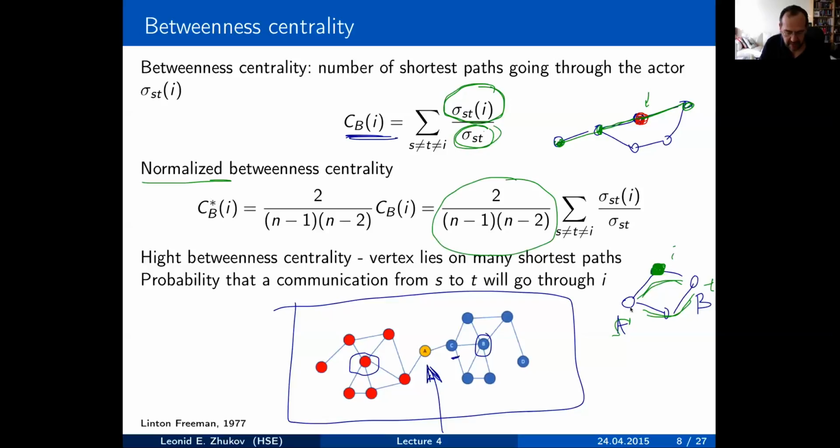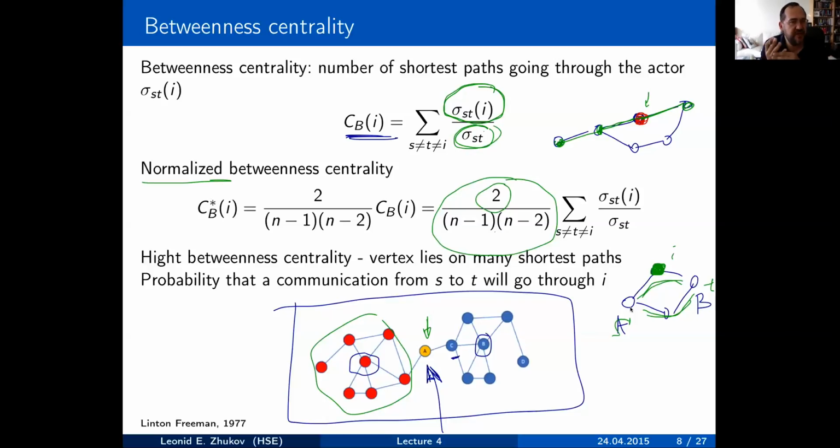If we fix one node, the total number of shortest paths between the leftover nodes will be n-1 times n-2. The factor 2 comes from the fact that we do not want to double count since the graph is undirected. But the key thing to remember is that the node with the highest betweenness centrality is the node that is positioned on many shortest paths between other nodes. So in the graph structure, it is this connector node.